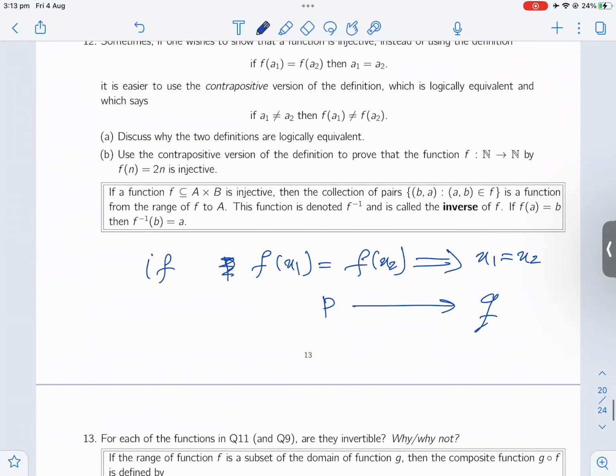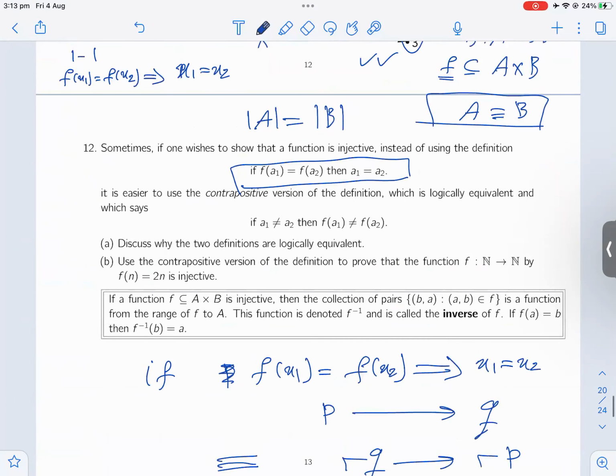What's the contrapositive for this? Yes, excellent, not Q implies not P. Now, from here you see that this is P, this is Q. So not Q is A1 is not equal to A2, then f of A1 is not equal to f of A2.